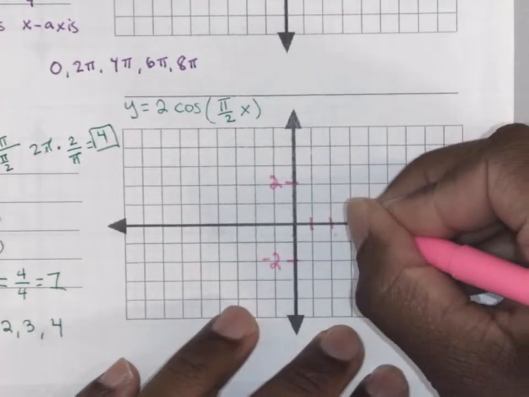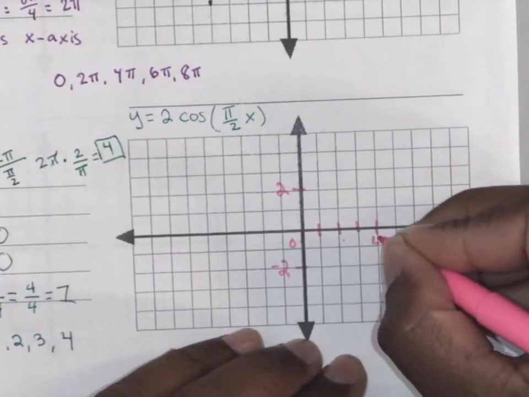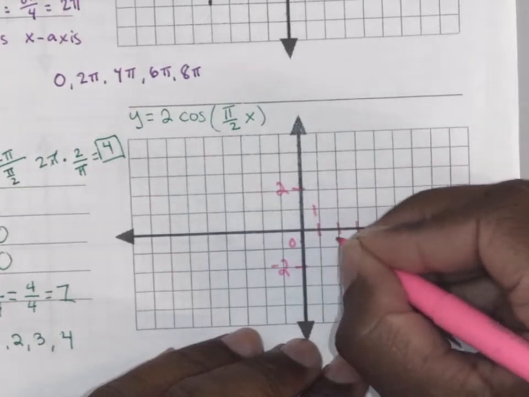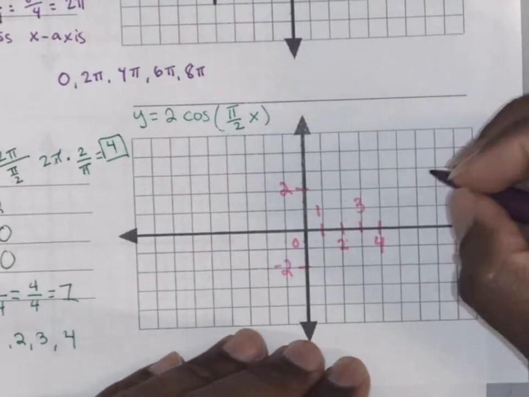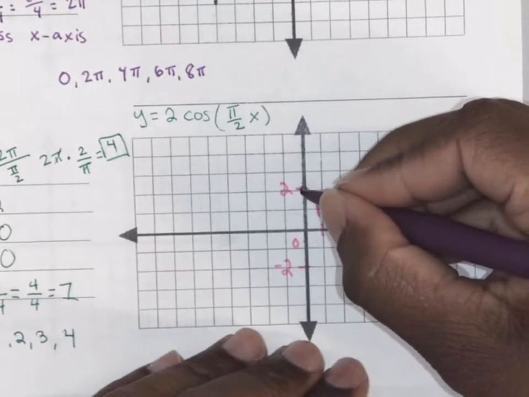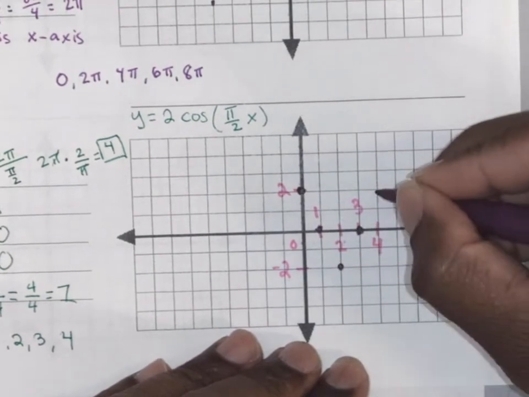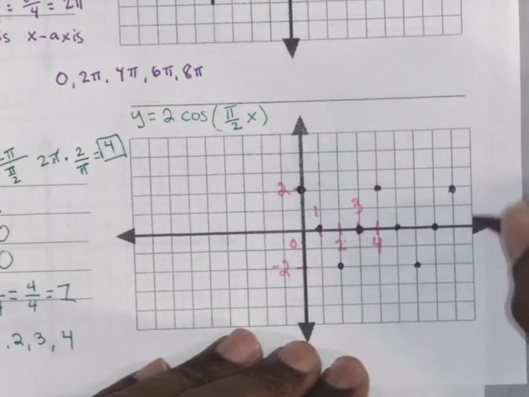Since it's not reflected across y, I'll be going to the right. I start at 0, I should finish at 4. So from 0, 1, 2, 3, and then 4. Since it is cosine, I start at the amplitude. It's not reflected, so I stay up here, and then I'll work my way to the right, going to the next location, alternating up, up, down, down.